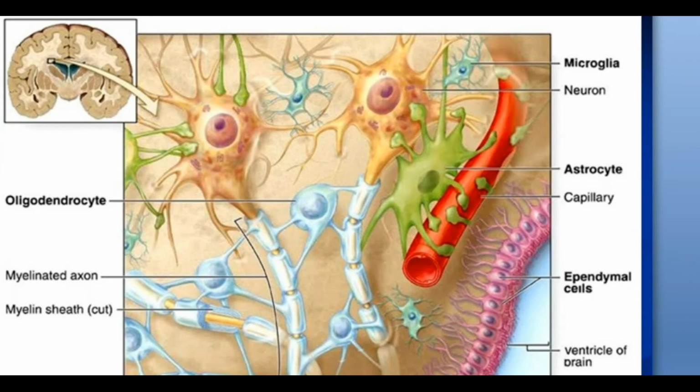The same function is performed by Schwann cells in the peripheral nervous system. So we have a kind of oligodendrocyte, which are Schwann cells, which are always situated in the peripheral nervous system, because oligodendrocytes are myelinating cells which take place in the central nervous system.